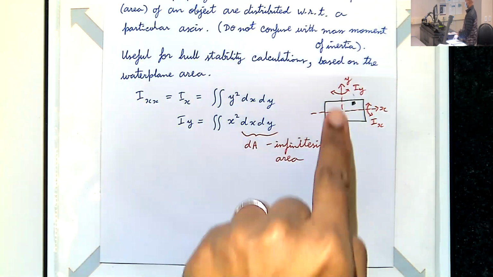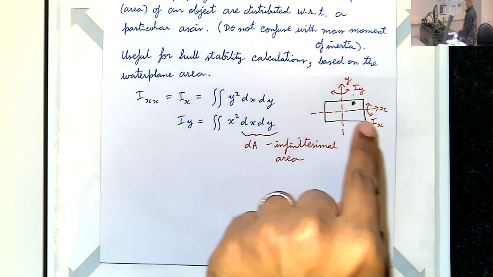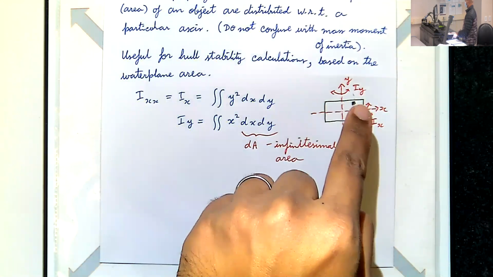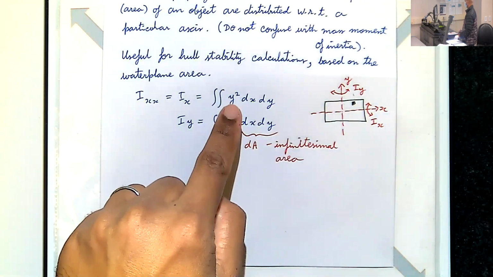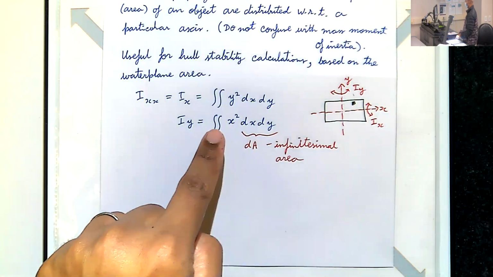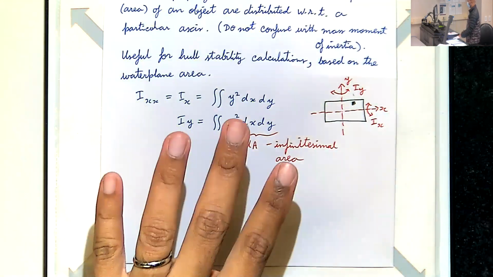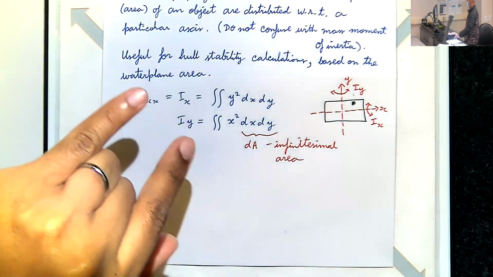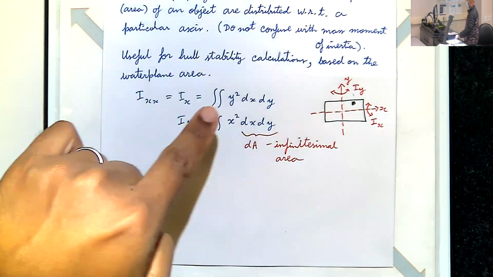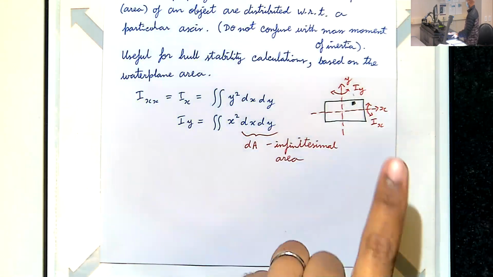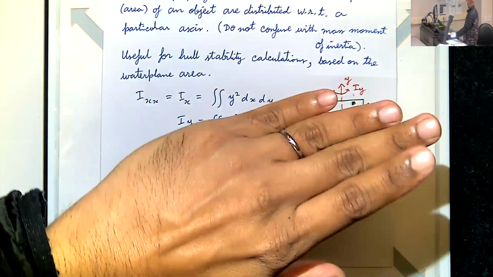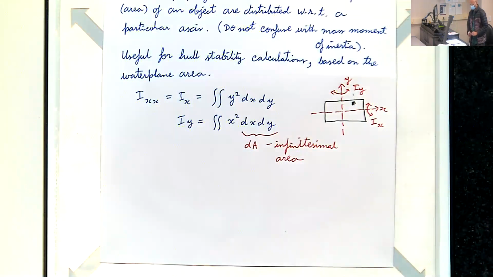About the x-axis, the distance is y, so r squared is y squared. In the other case, it's x squared. Sometimes it might feel like there's a typo, that this should be Iy and this should be Ix. No, that's not right. This corresponds to which axis you're rotating about.